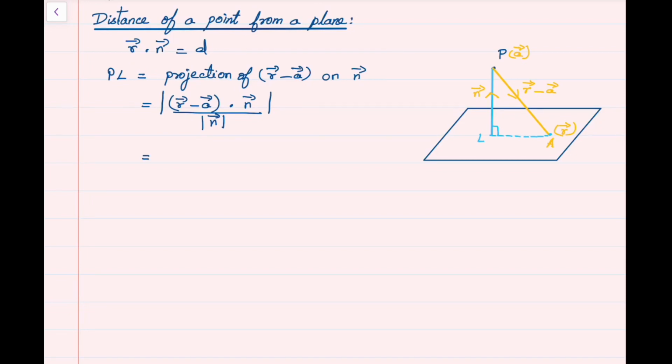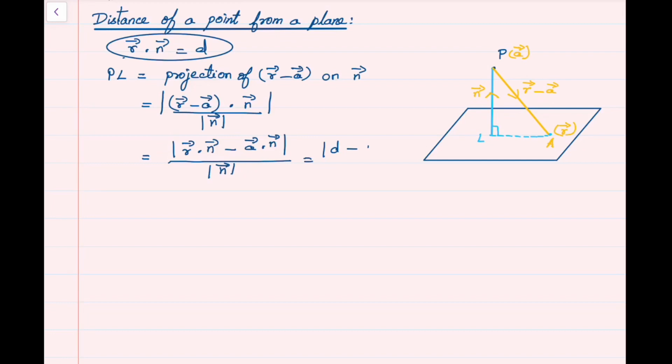Let us distribute this dot product. We get vector R dot vector n minus vector A dot vector n divided by magnitude of vector n. And the equation of the plane is R dot n is equal to D. Therefore, we can substitute R dot n as D. Absolute value of D minus vector A dot vector n divided by magnitude of vector n.